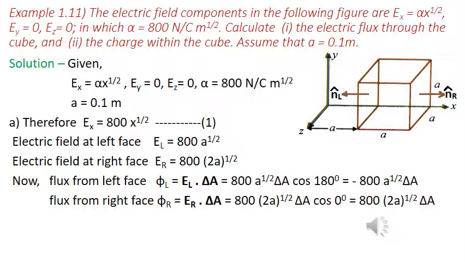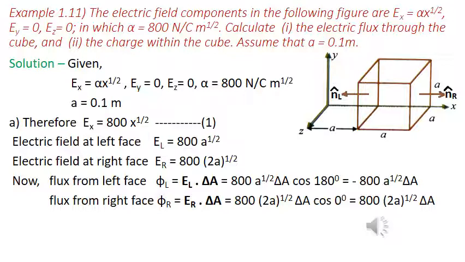Here we have put x is equal to a because the distance of the left face from the origin is a, and the electric field at the right face of the cube is 800 into 2a to the power half. Here x is equal to 2a because the right face is at 2a distance apart from the origin.